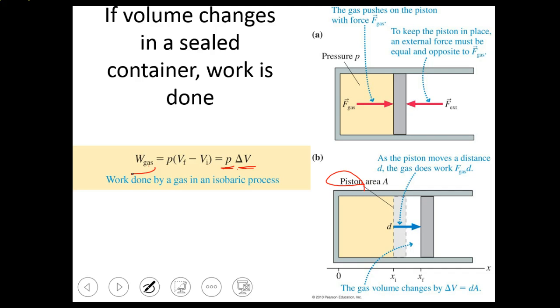So if I have a change in pressure, then as the pressure increases, the volume will increase. And what I see is that I actually get work done.